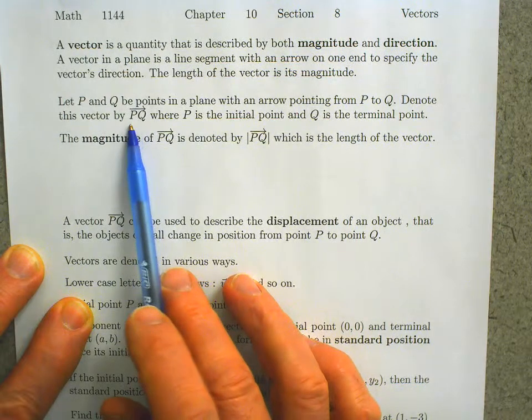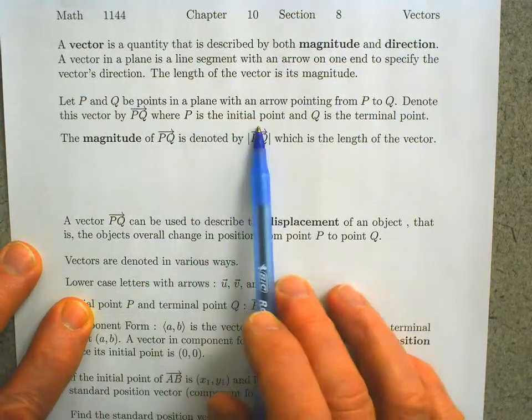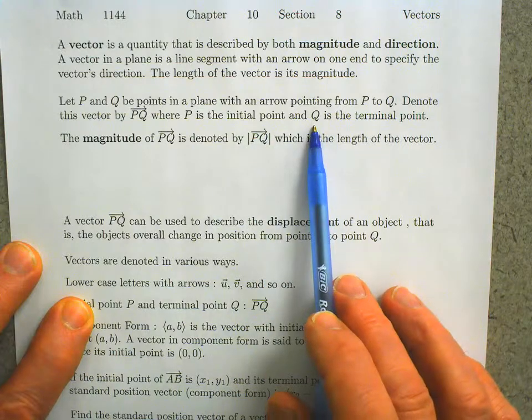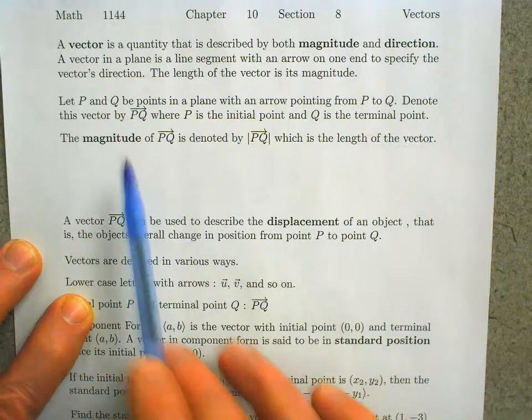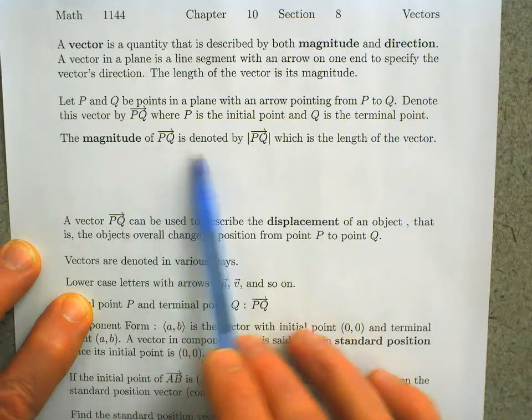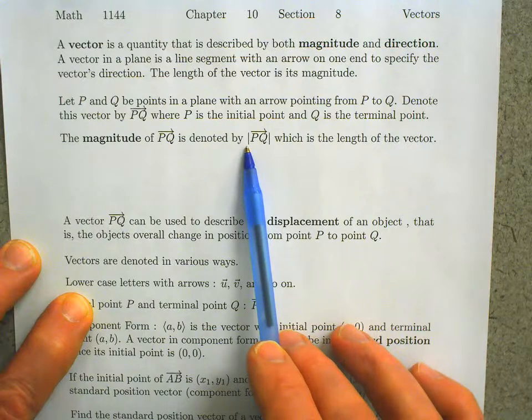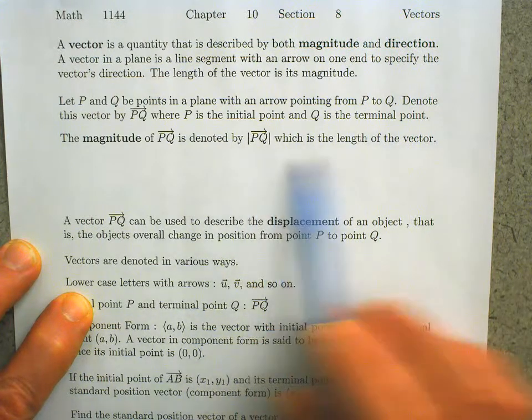The notation itself indicates that the point P is the initial point and point Q is the terminal point. And then the magnitude of the vector PQ is denoted by the absolute value of the vector PQ, which is the length of the vector.